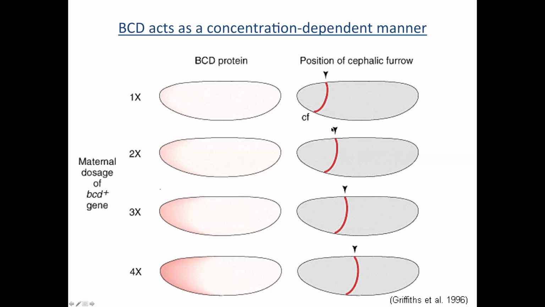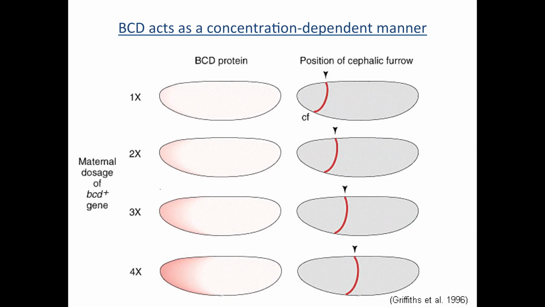So the furrow will not form every time at the same place, no matter what the concentration of bicoid is. The cells that are going to give rise to the cephalic furrow are gauging how much bicoid I have as opposed to how much bicoid is present in my adjoining cell. That information is necessary for movement of these cells and developing the cephalic furrow.